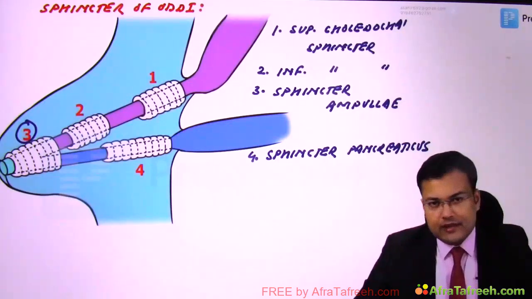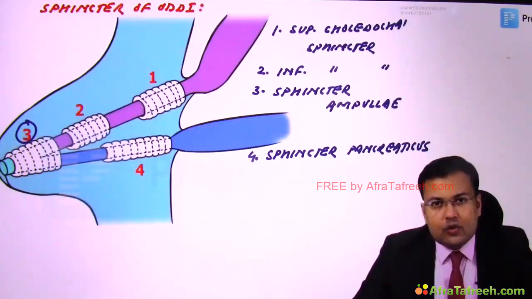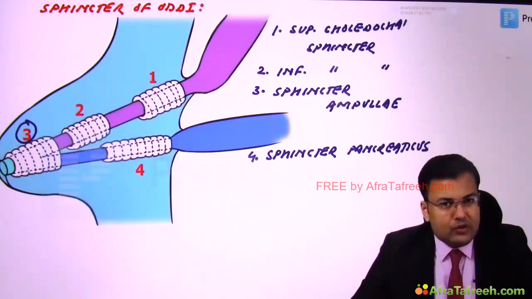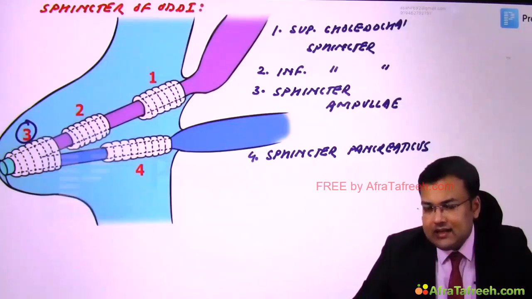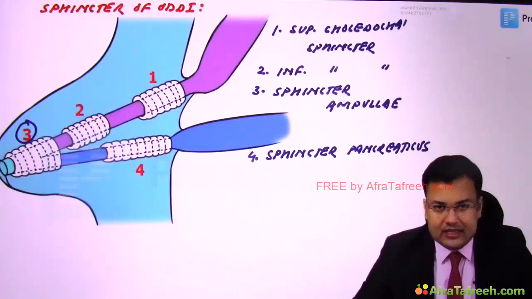Now we are going to discuss a very important topic, that's choledochal cyst. What is choledochal cyst? Choledochal cyst is dilatation of bile duct and it is congenital.